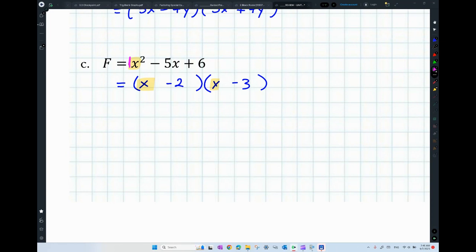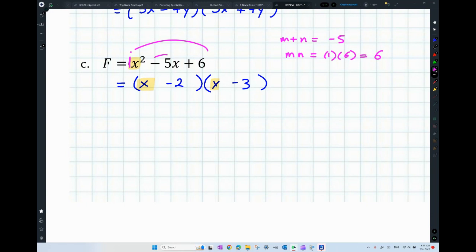So the reasoning behind it is that I want these two numbers, m and n, to add up, of course, to -5 in that case, but to be multiplied as a times c, which is in that case 1 times 6, which is 6.